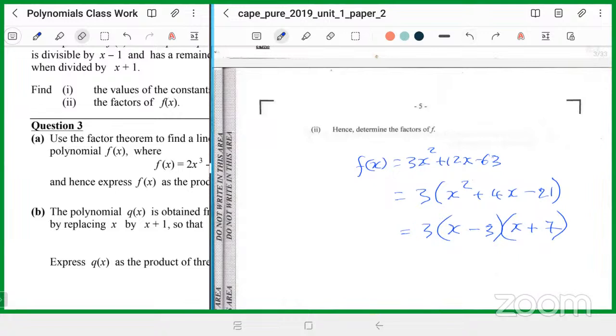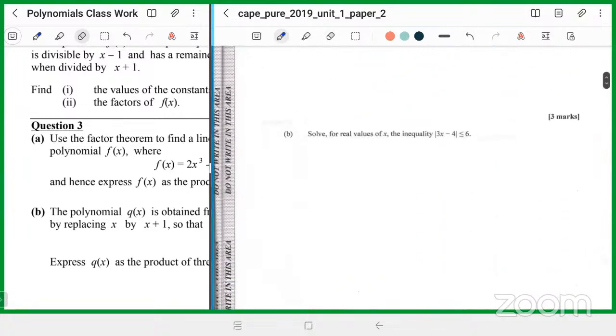If you're asked to determine the factors, you can write x minus 3 and 3x plus 21, but you have to always factorize it fully, because that can be factorized again. So that's the correct answer for your factors. Factorize the 3 out of that quadratic. All right, I think that finishes that question.